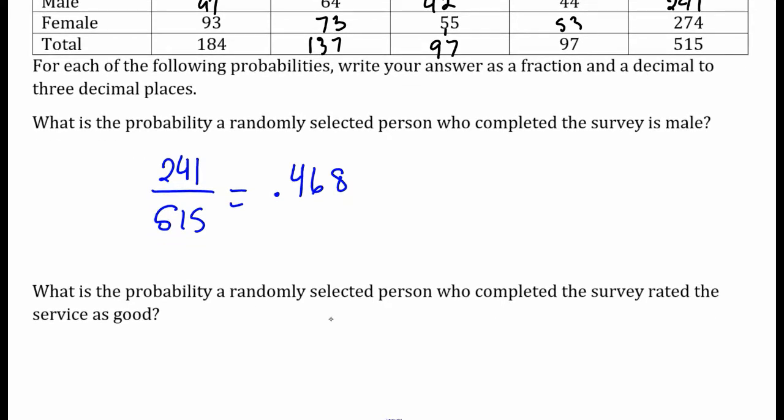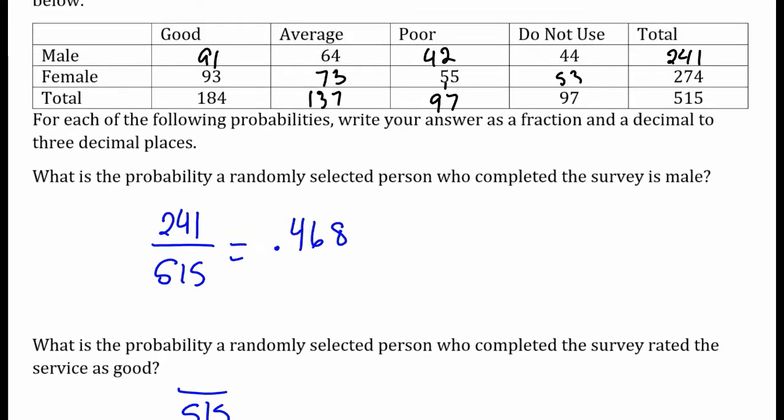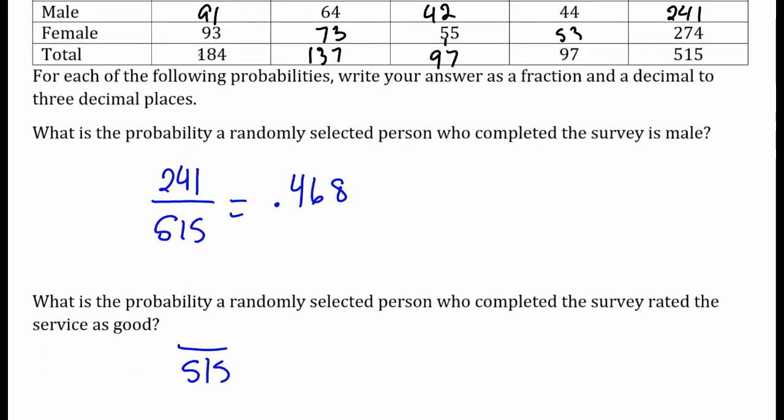What's the probability a randomly selected person who completed a survey rated the library as good? So I want to know what's the probability of good. I'm picking a random person. There's 515 of them. Good was 184. 184 people said good. So 184 out of 515 gives me 0.357.